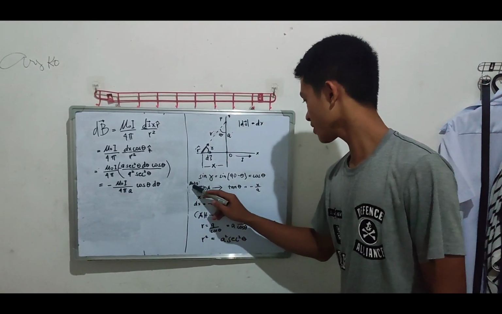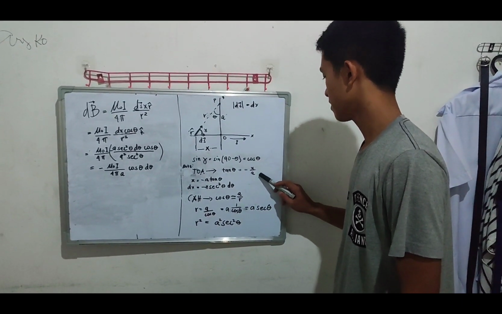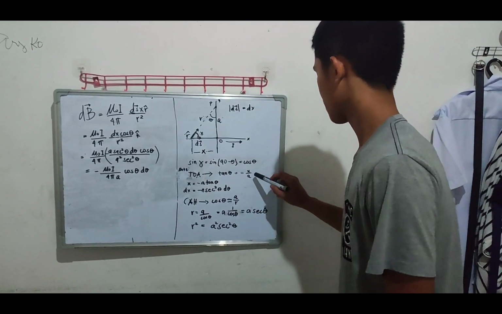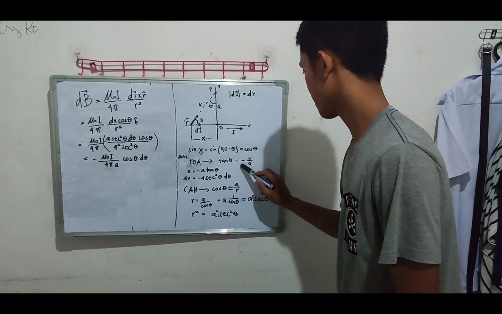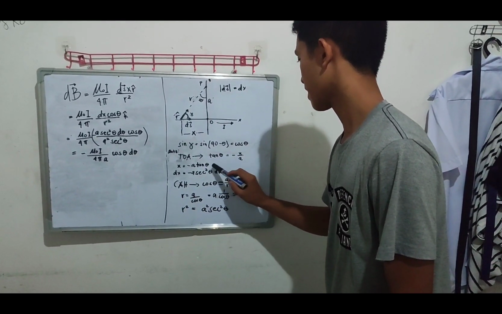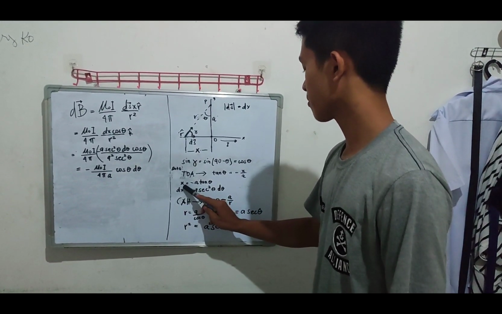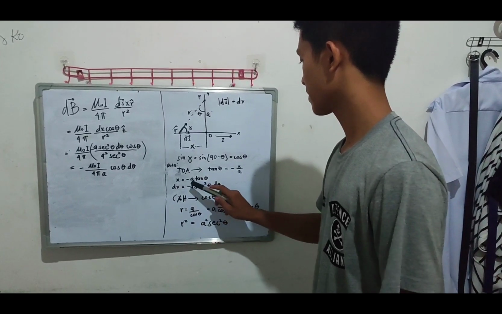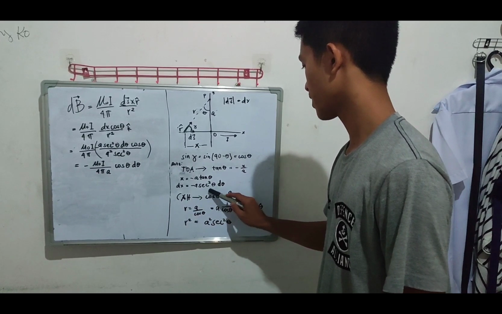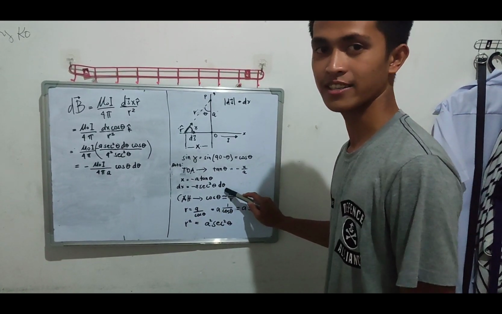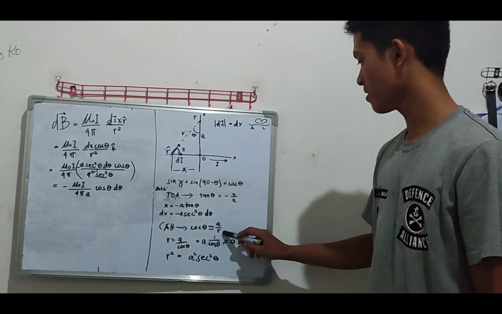Note that tan theta is equal to negative x over a. So x is equal to negative a tan theta. The derivative of x is dx, and the derivative of negative a tan theta is negative a secant squared theta d theta. So cos theta is equal to a over r.